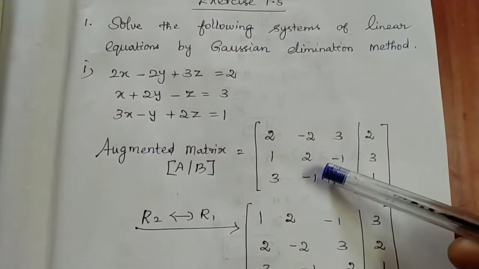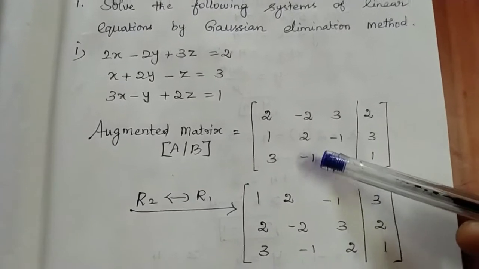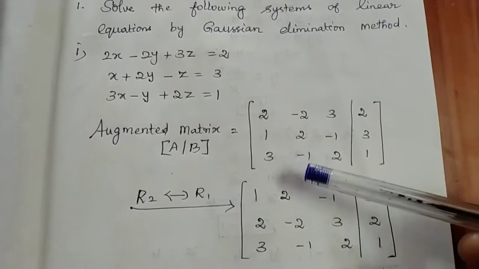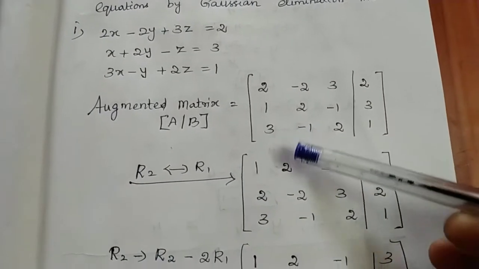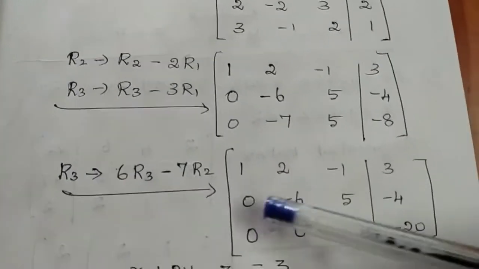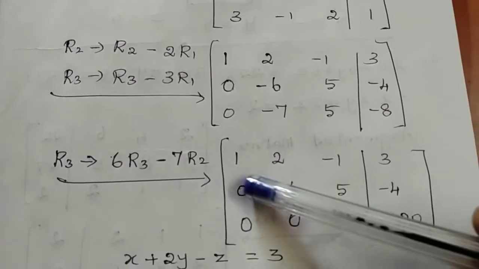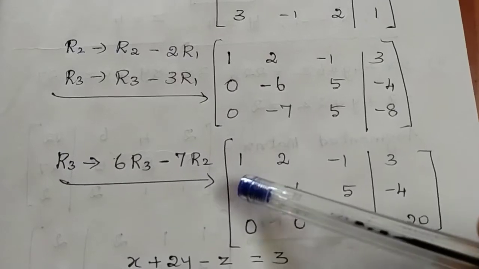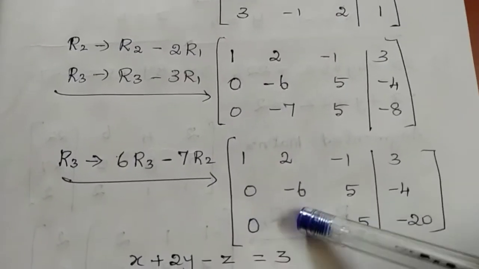And using elementary row operations, simplify to get the echelon form, that is a triangular form.